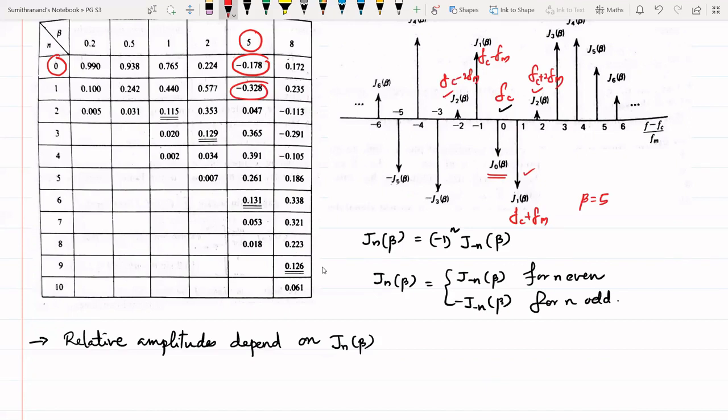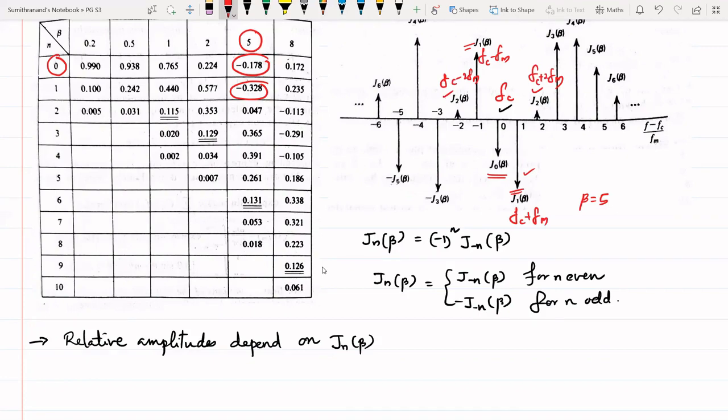Here we see that J1 beta and J minus 1 beta are of opposite signs. That is, when n is odd, the frequencies corresponding to J n beta and J minus n beta are of opposite signs.